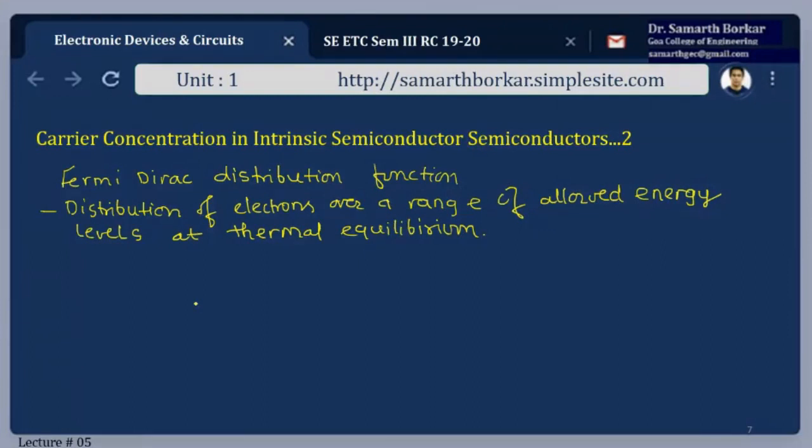It's a kind of probability. It is expressed as 1 upon 1 plus e to the power. How we arrived at this equation is not important. We're going to start from here on. So the Fermi-Dirac distribution f of E is equal to this expression on the right-hand side.